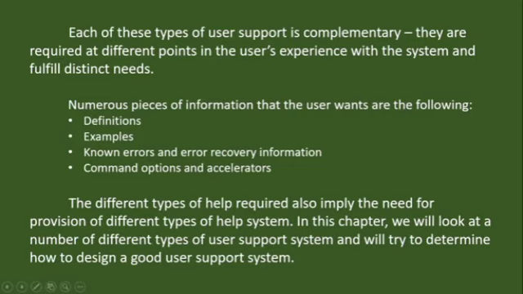So, next is, the different types of help required also imply the need for provision of different types of help system. So in this chapter, we will look at a number of different types of user support system.